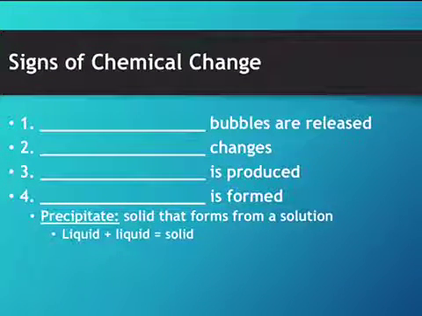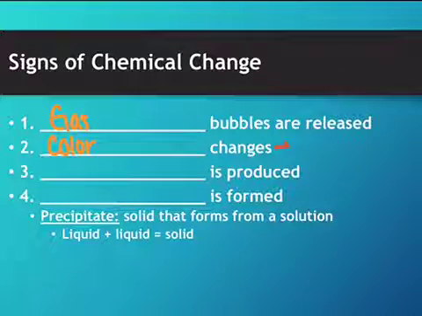When we have a chemical change, there are some distinct indicators that a chemical change is occurring. The first one is that we have gas bubbles being released. The color can change, but be careful on this one because this can also indicate a physical change.